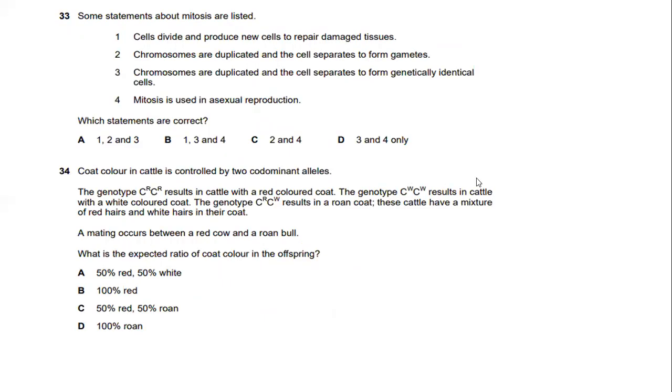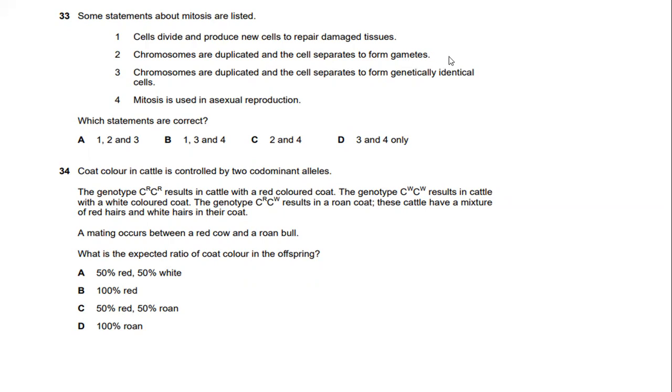Some statements about mitosis are listed. Cells divide and produce new cells to repair damaged tissue. Yes, correct, mitosis. Chromosomes are duplicated, and the cell separates to form gametes.